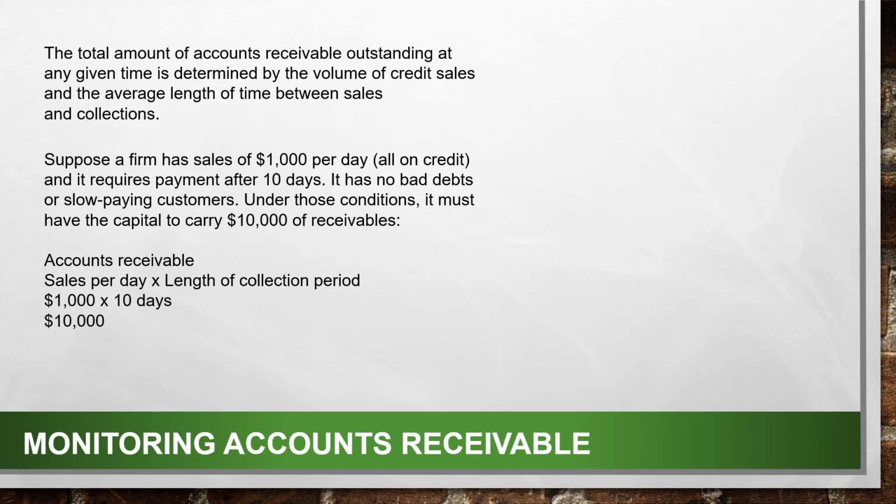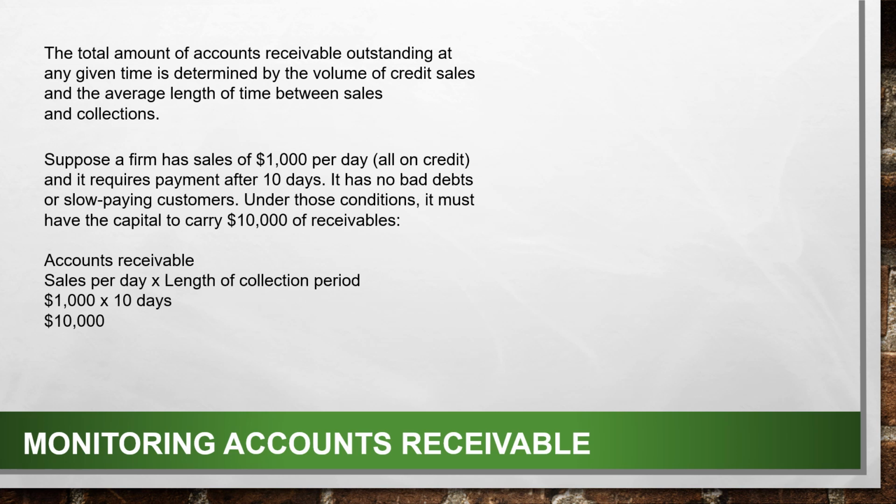Suppose a company has sales of 1,000 per day, all on credit, and it requires payment after 10 days. It has no bad debts or slow paying customers. Under those conditions, it must have the capital to carry 10,000 of receivables.